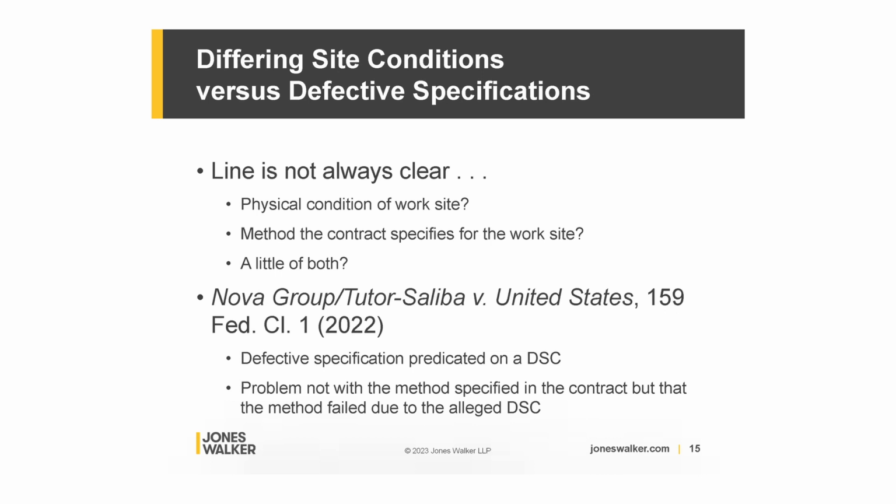So here we just covered different site conditions versus superior knowledge. Well, and Neil had covered defective specification. So here is a case where the court is considering the difference between different site condition versus defective specifications. The Nova Group case, the Navy issued a solicitation to build a pier in Washington State, and the solicitation included a geotech report that had two things in it.